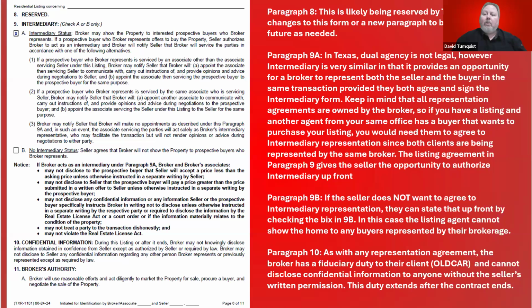So let's say that you personally have a listing at a property and another agent in your same office represents a buyer that now wants to buy the house that you have listed. That is intermediary, because the same broker represents the seller and the buyer in the same transaction.